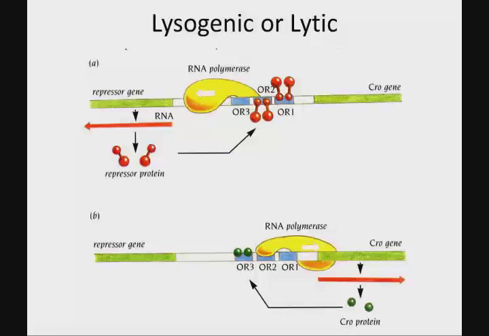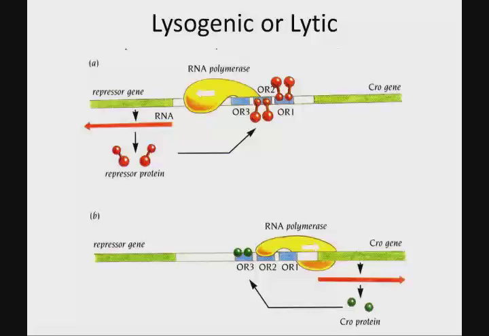Now, if we get some switch, some shift in the balance, and all of a sudden we have CRO around, CRO is actually going to bind to operator region 3 and block the transcription of repressor protein and promote then the transcription of CRO, and that's going to lead to a lytic cycle.